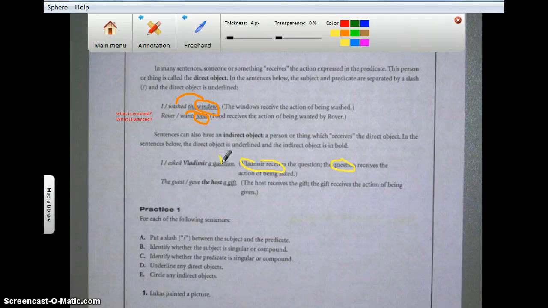So this right here is our indirect object. The guest gave the host a gift. The guest is the subject, so you'd put an S. Gave is our verb. The host is your indirect object, and what was given to the host? It was a gift, which is your direct object. Alright, I'm going to have you practice these skills with practice 1 on your worksheet. Please begin now.